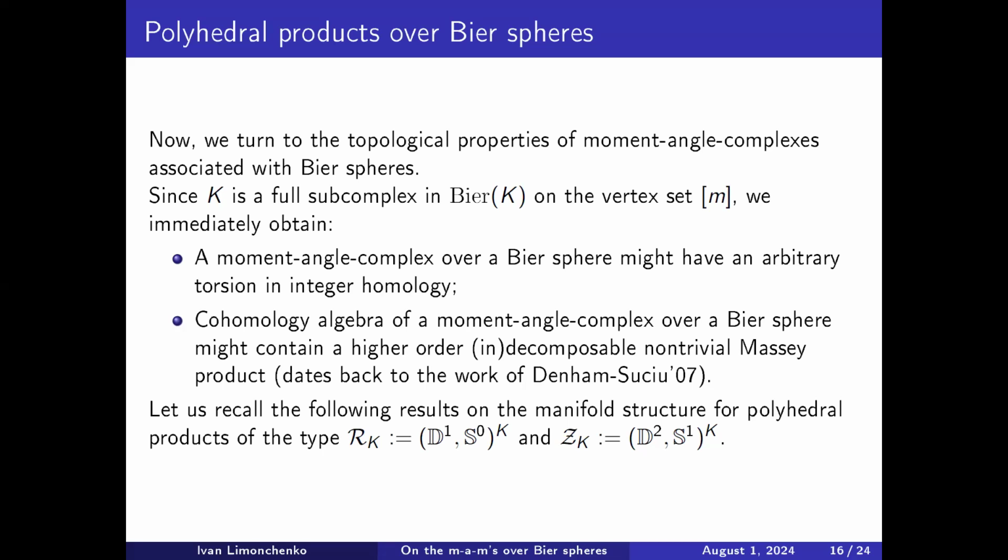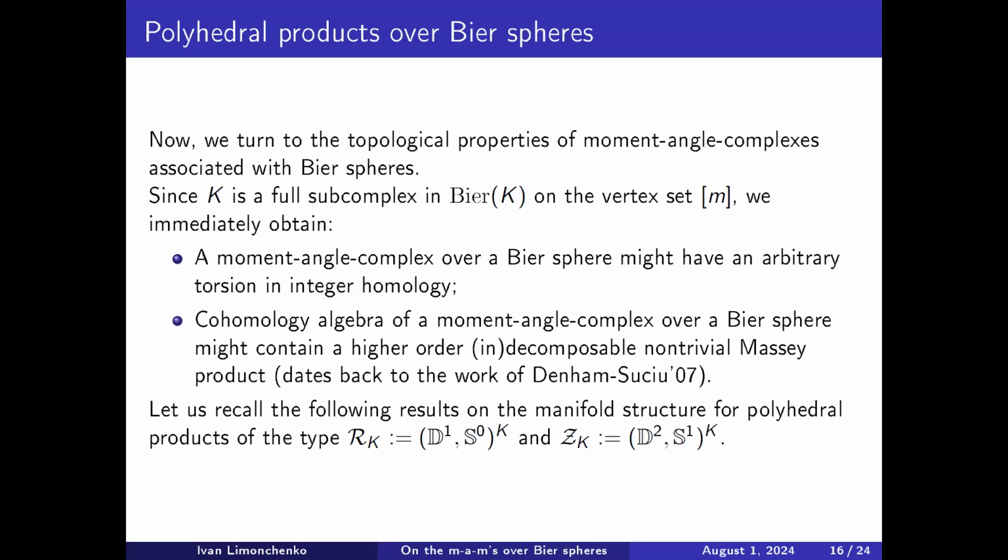Another observation directly from the definition is that the cohomology algebra of the moment angle complex over a Bier sphere can contain any higher order decomposable or indecomposable non-trivial Massey product that you can realize using K and the moment angle complex of K. Again, by the description of the cohomology algebra that we all know and love, and it was already mentioned several times in this workshop.